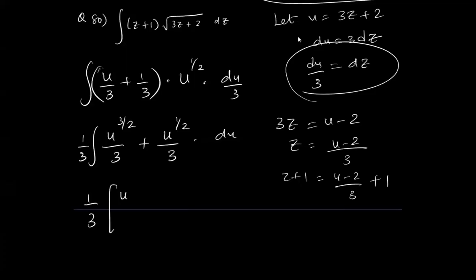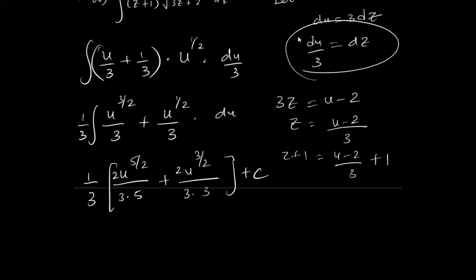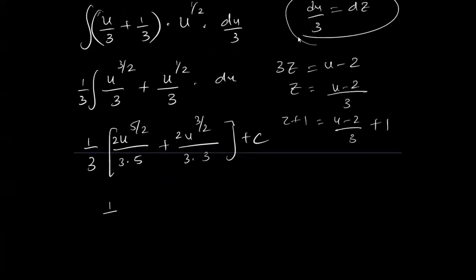I will have u to the power of 5/2 over 3 times 5/2 plus u to the power of 3/2 over 3 times 3/2. Simplify this. This will be 2/15 u to the power of 5/2 plus 2/9 u to the power of 3/2 plus c.